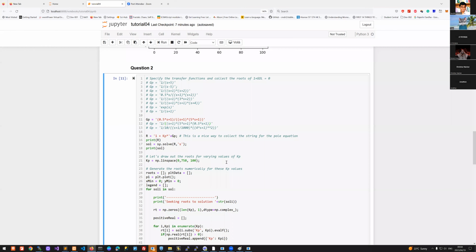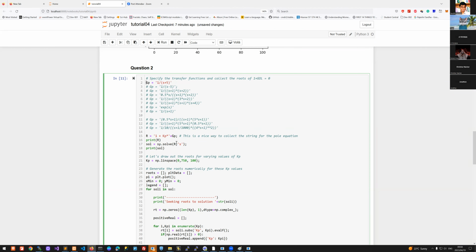And so, as I say, I've written this code, which is just a kind of simulator, and you've got a bunch of equations that you can apply here. So all these are G open loop, right? When I say GP, that's the process itself. So we can choose any of these equations. So just uncomment the one you want to simulate.